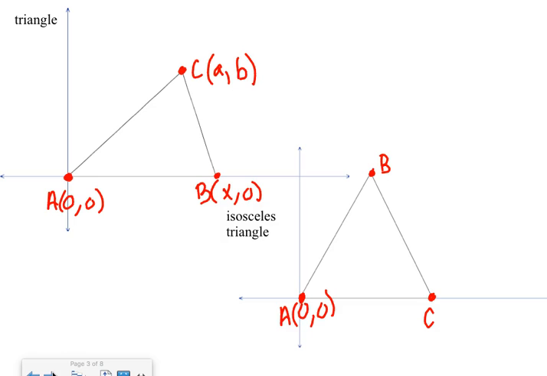I know B is directly between A and C, right? So I'm going to call this guy 2A. I'm over 2A, not just 1A, but 2A. And how far up did I go? 0. And so would B just be A? Right, because then B would be halfway between 0 and 2A, which would just be A.